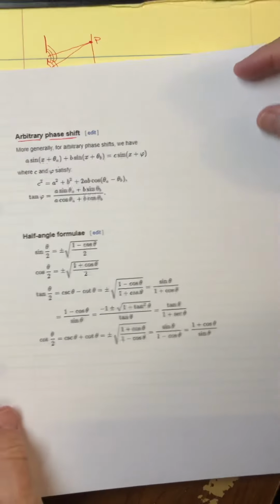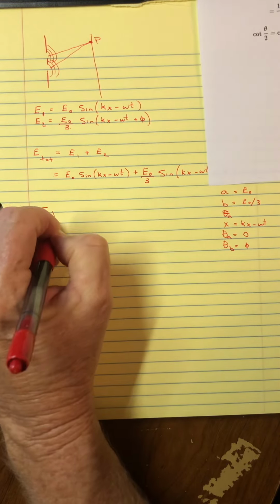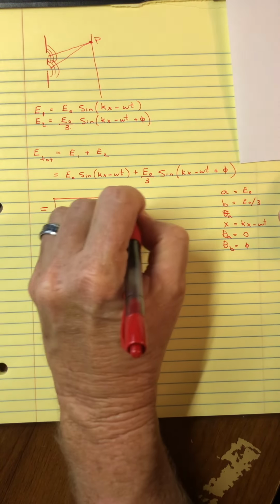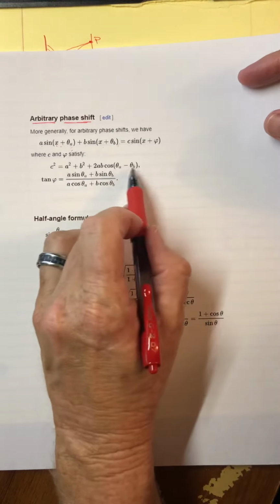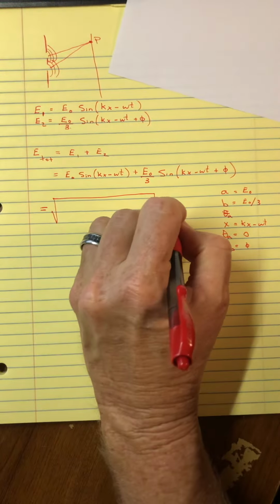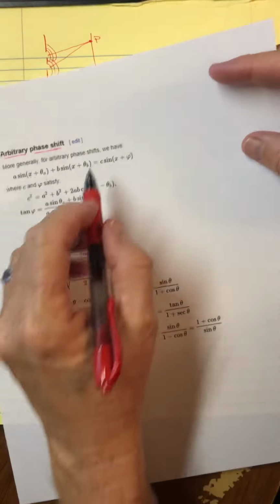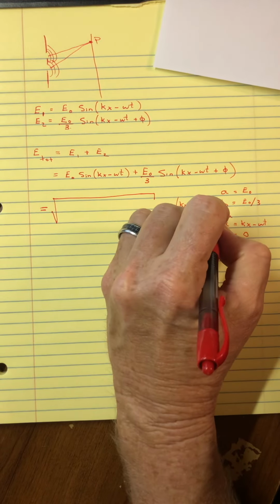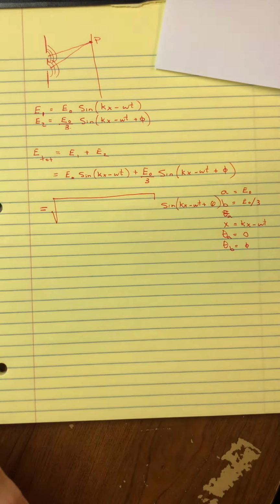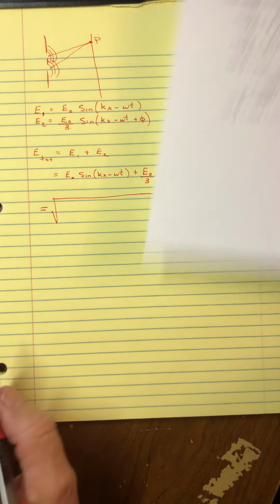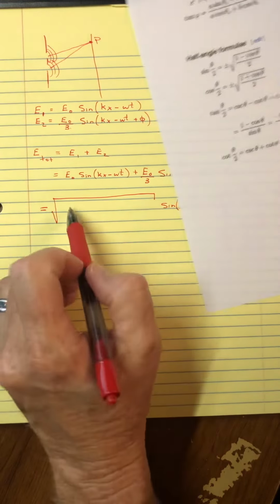And so C would be the square root of all of this. So square root of, looks like I got a lot to fit in there. And then it would be a sine(kx minus omega t plus this script phi). And like I said, I don't think I even need to mess with that. That's a good thing. So let's look at this amplitude.